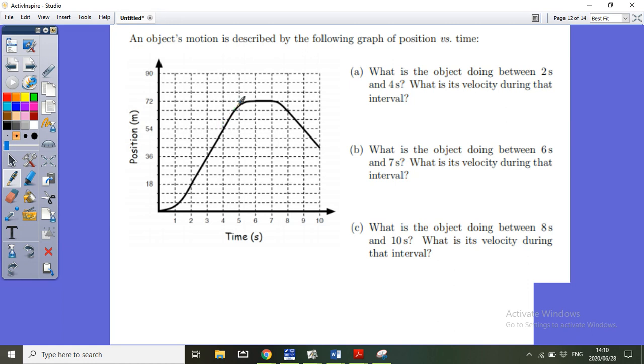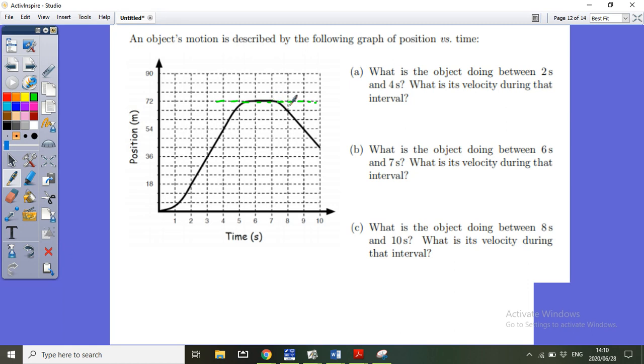There's a little bit of a curve again, my gradient is decreasing, therefore my velocity is decreasing. Here you can see if I was going to draw a gradient here, the gradient here would be 0. So therefore, again, my object is staying in one position, so there is no velocity for that little bit there.